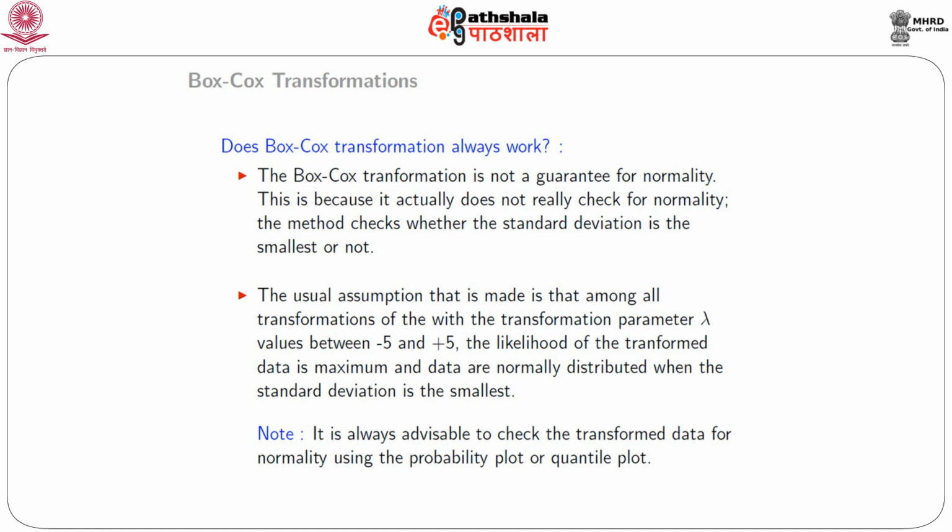The likelihood of the transformed data is maximum, and the data are normally distributed, when the standard deviation is the smallest. So, it is always advisable to check the transformed data for normality using the probability plot or the quantile plot.